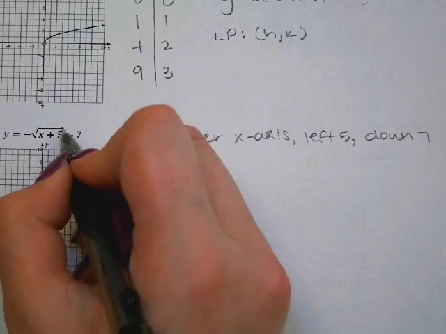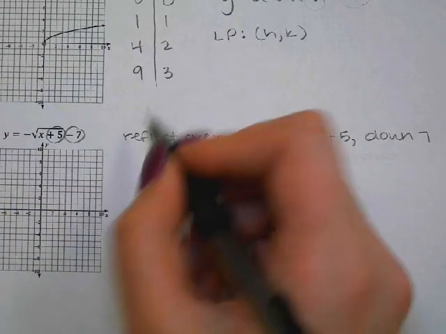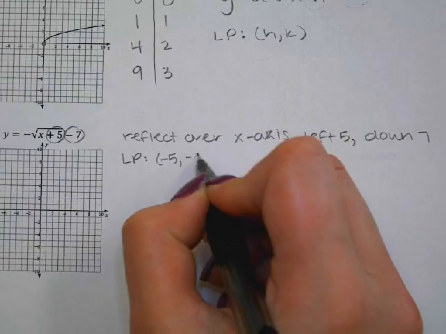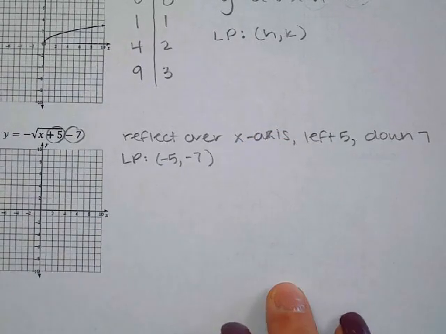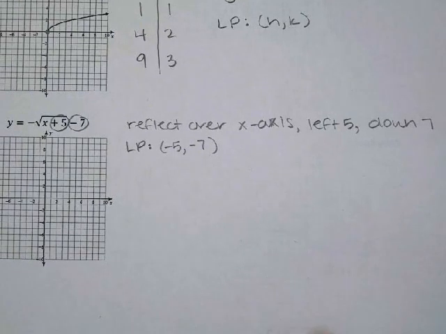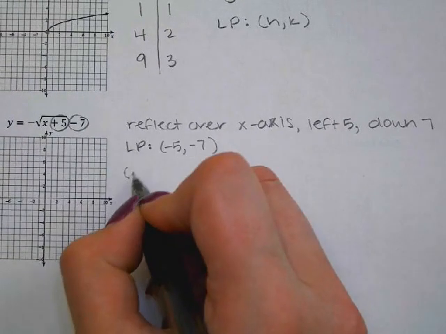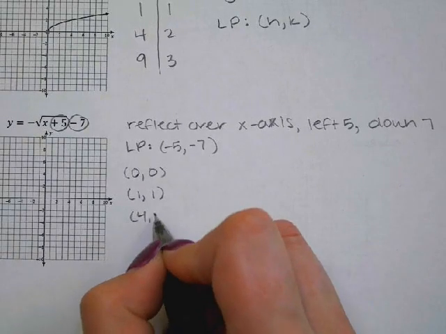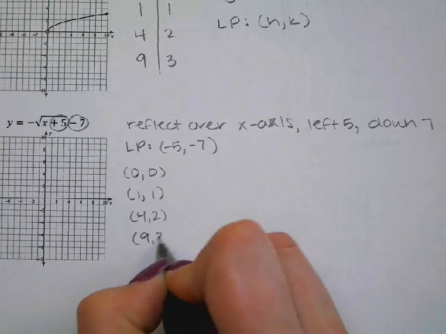The locator point would be -5, -7. And then I'm going to go ahead and get all the information so I can graph this. So I'm going to start with 0, 0, 1, 1, 4, 2, 9, 3.